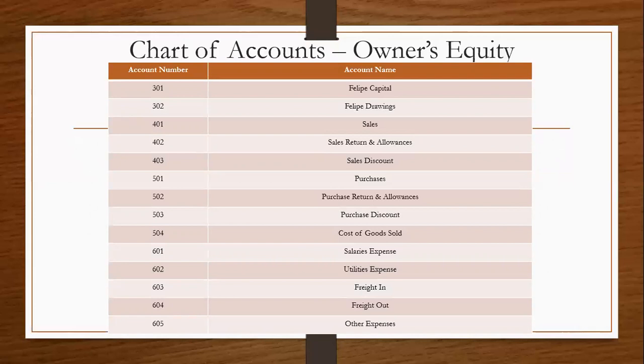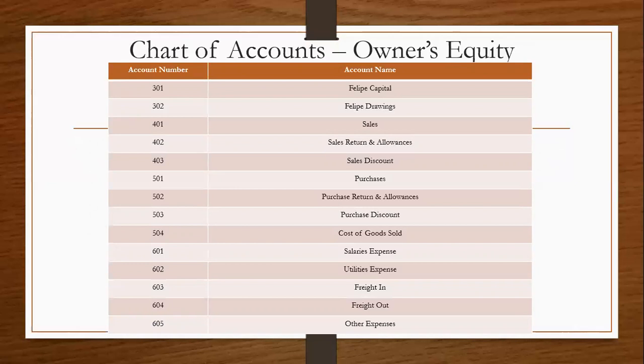The third one is revenue or income. Actually, there are a lot of revenue accounts, but since the examination scope is only for merchandising concerns, we will use a sales account for the revenue. And for the expense, that is the fourth one, we will use purchases and other expense accounts, such as salaries, utilities, and others.